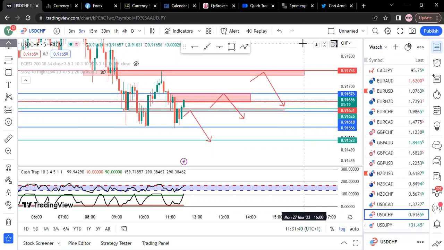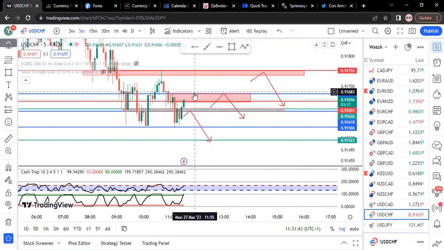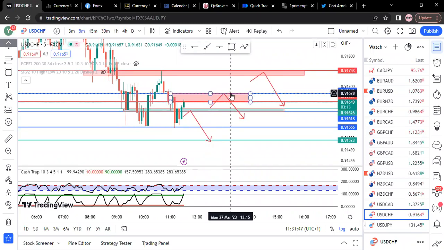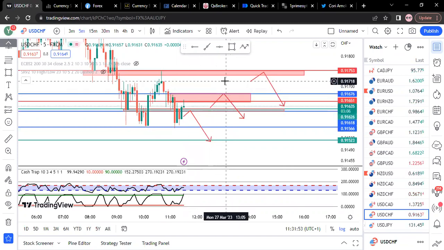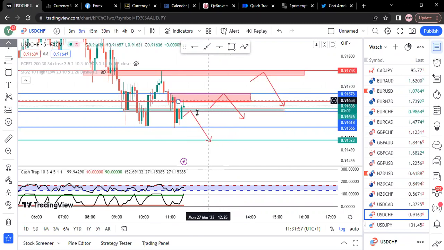So the moment it hits this level, I would love it to hit this level before we take a sell. This level here. That is the 678. Come on, get to that level before you reverse.